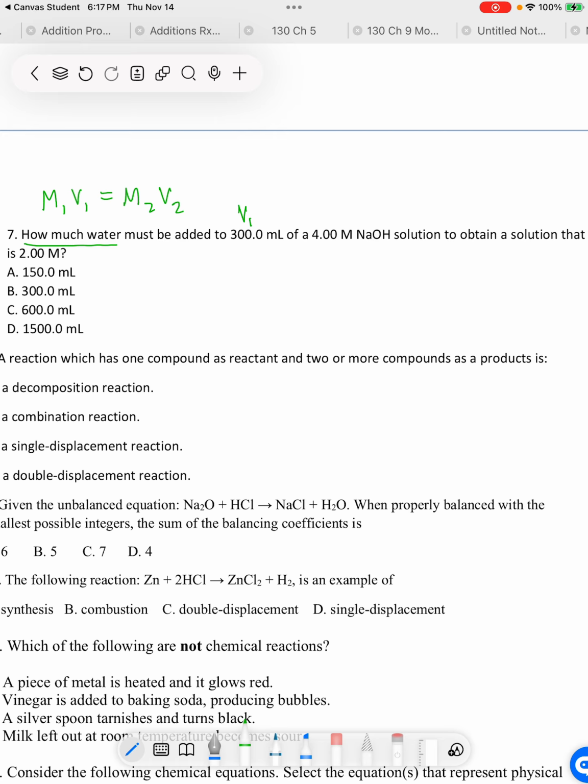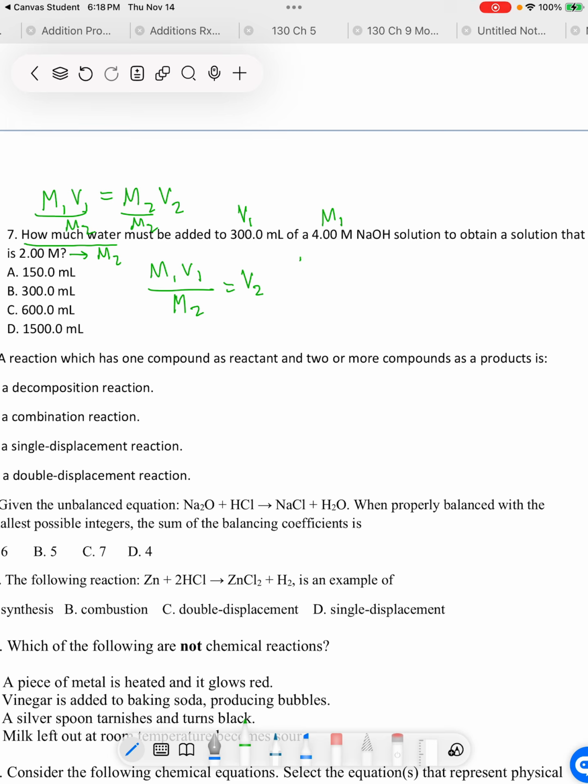And this is M1, and this is M2. So if we want to solve for V2, all we have to do is divide out M2. So we're gonna have M1V1 divided by M2, and that's gonna tell us our volume that we needed to know.